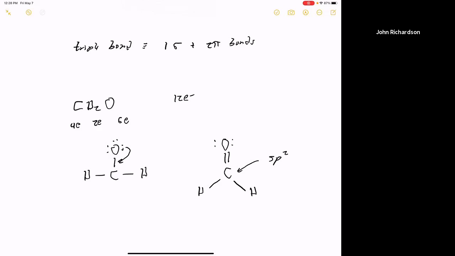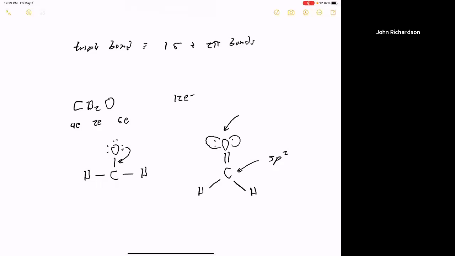Now the hydrogens, they don't hybridize, so we don't need to worry about assigning hybridization to them. But I do need to assign hybridization to the oxygen. So here's the rule with that. Remember that I also need to house these electrons here on the oxygen. So in a sense, I'm going to treat this like 3 bonds.